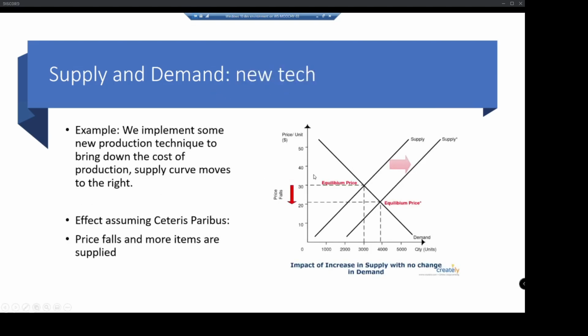Let's say we implement a new technology that improves the cost of production. Your supply curve moves this way, which means your price goes down. You've got a new equilibrium price here, and this is the new units that will be supplied. You'll notice I've written down here that it assumes ceteris paribus, which means all other things are equal, that spherical cow I mentioned.